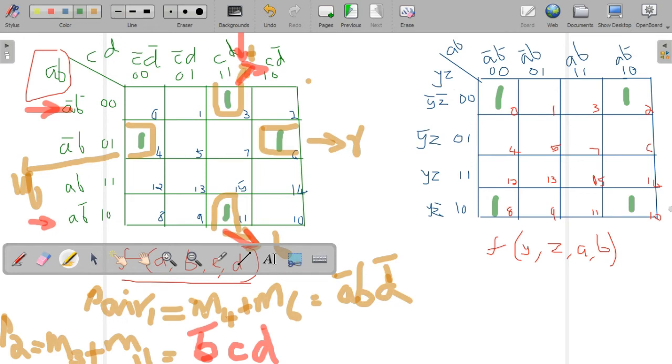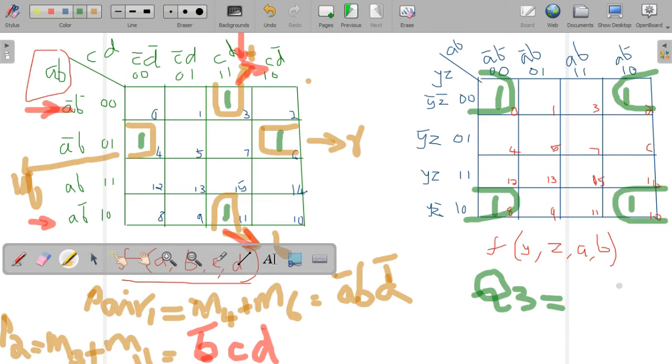Understood? This is the third chord that we have done. So we can write just these values. So four values, four ones at the corners, means we can make it as a chord. If only two are there, we can make it as a pair. Four ones at the corners means we can make it as a chord. Chord means how many variables have to be removed?